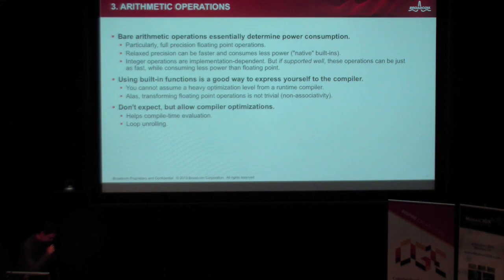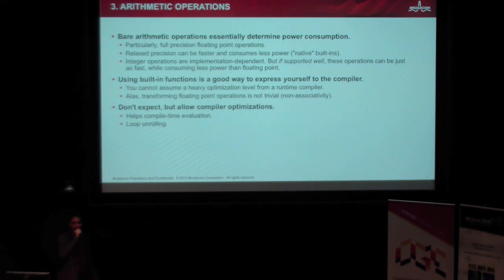The third one is about arithmetic operations. I don't want to make any illusions. In themselves, arithmetic operations are the dominant factor in power consumption, particularly full precision floating point operations.